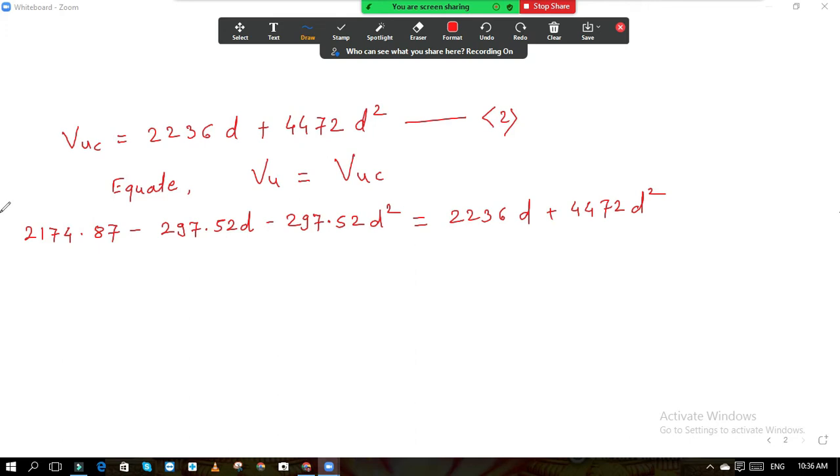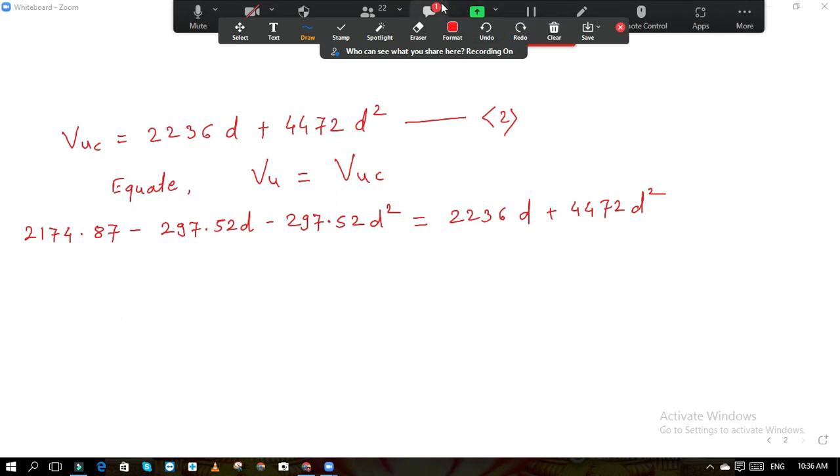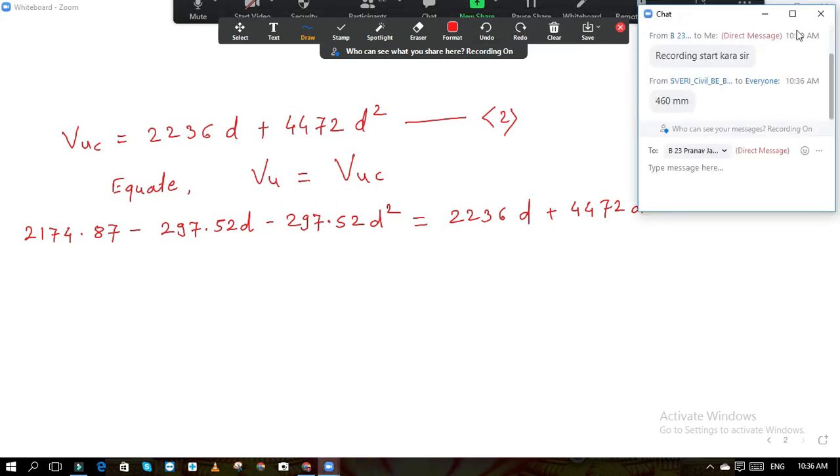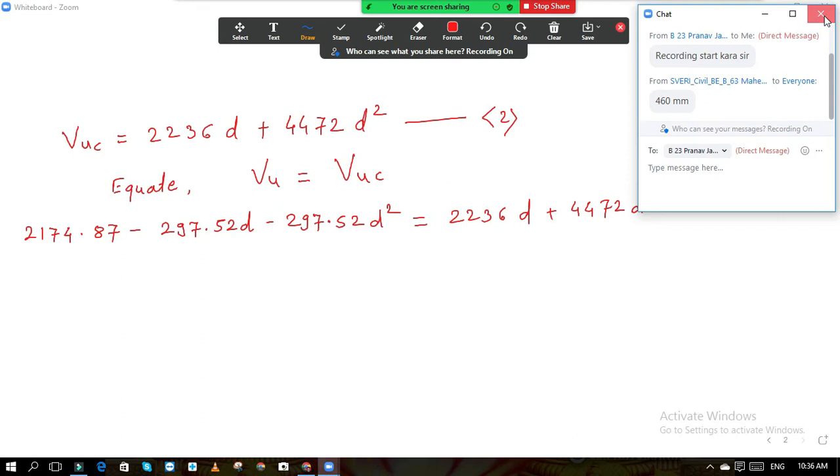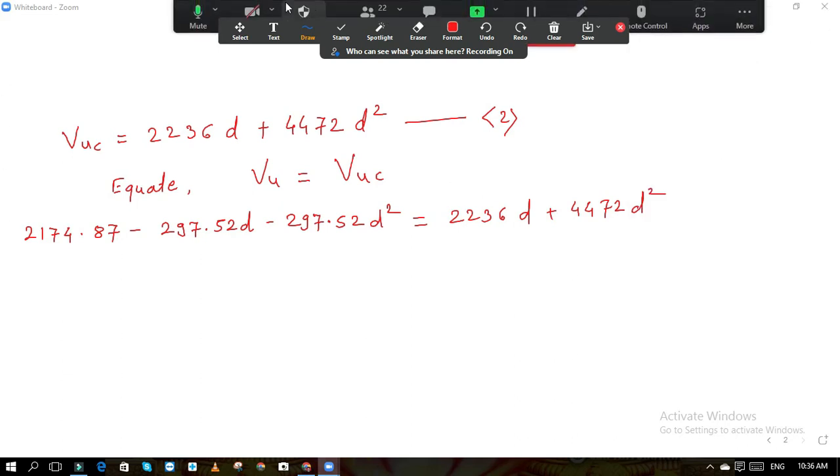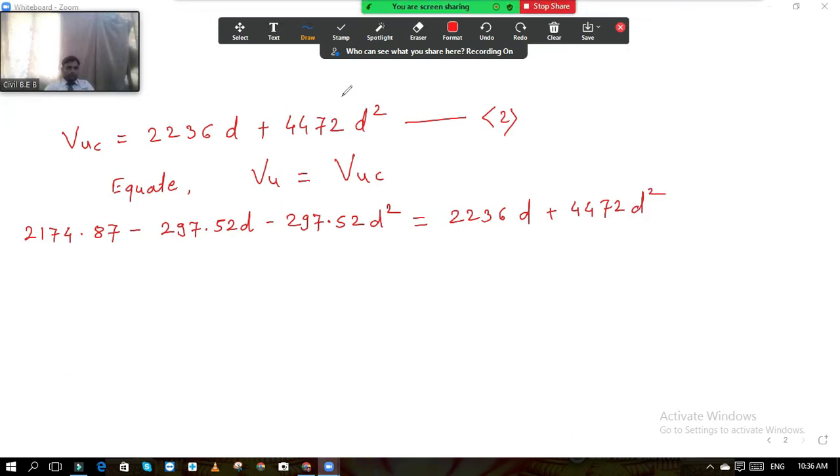Let me know the answer, solve it fast. 460 mm. Okay, so here it is given as 460 mm.